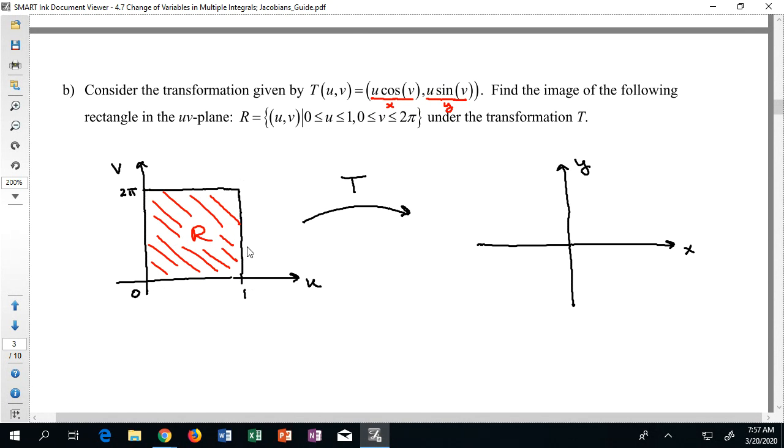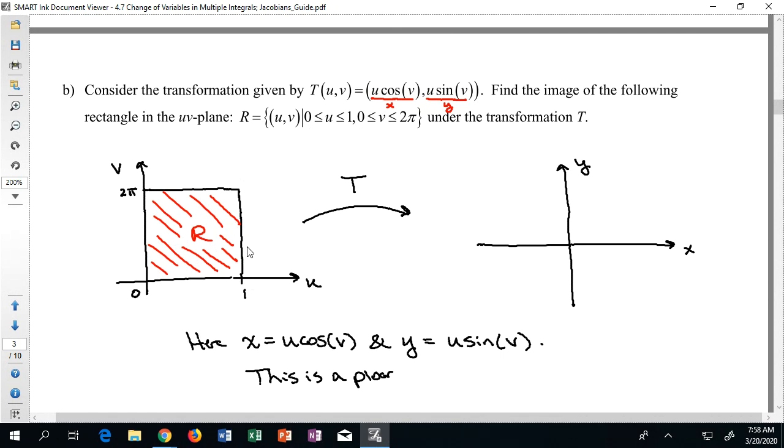So if I recognize this as a polar transformation, I can say here, X is always equal to U times the cosine of V, and Y is always equal to U times the sine of V. This is a polar transformation. Notice V here represents my angle, and R here is represented by this value of U, the radius.